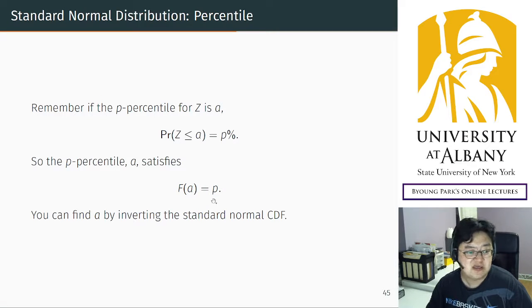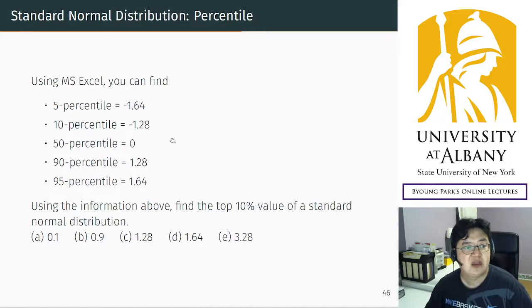And the idea is simple. Given the probability, what is this value? And you can calculate that. These are simple approximated numbers, which we will be using a lot later. So 1.64, 1.28.